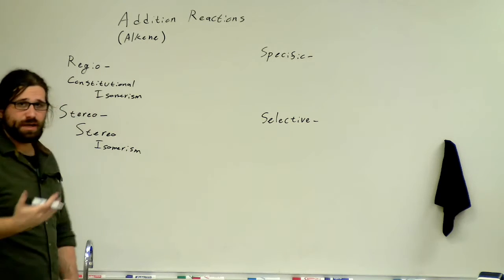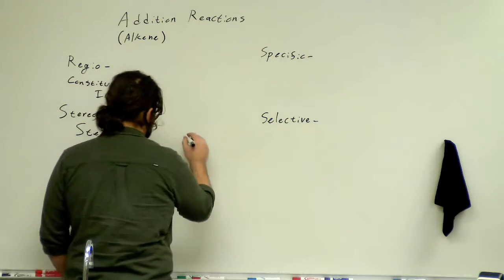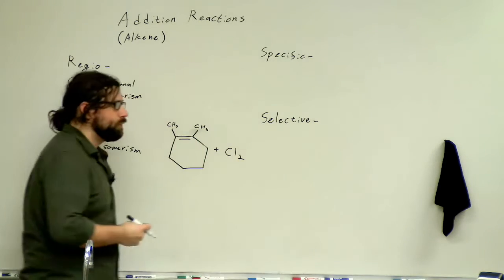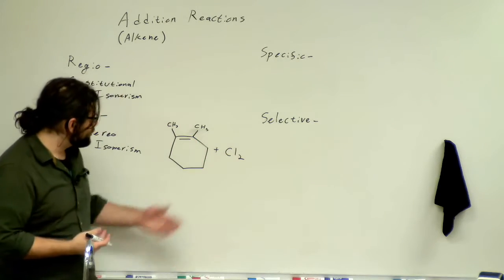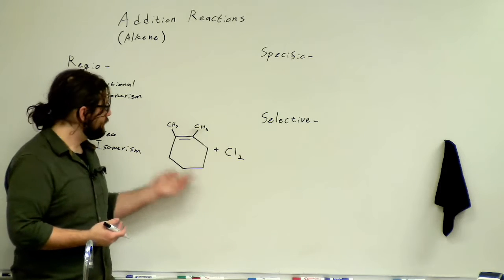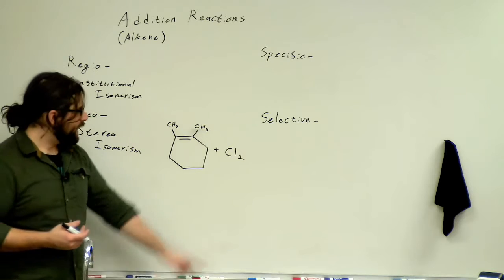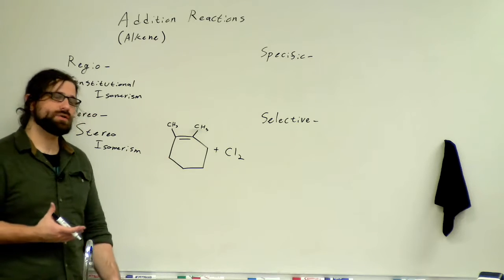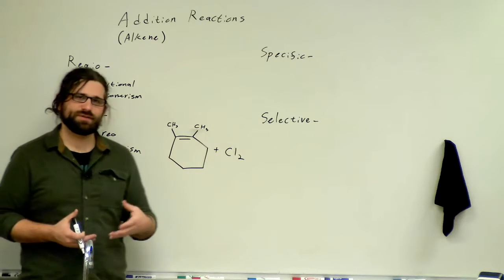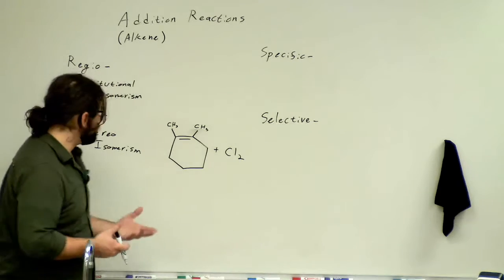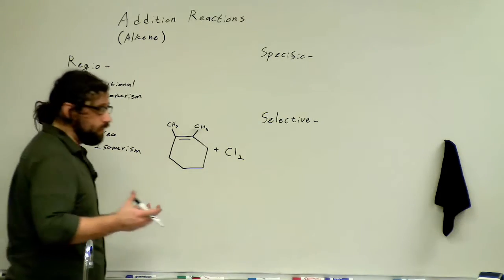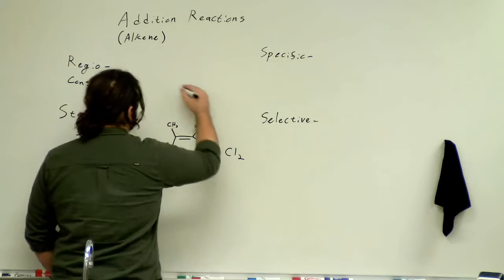And when we talk about stereoisomerism, we could look at something like this cycloalkene that has a methyl group right next to that double bond. Our chlorines are actually going to attach to this in a very specific way according to the stereochemistry.